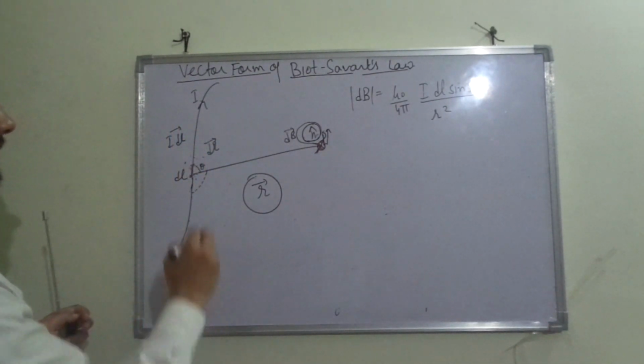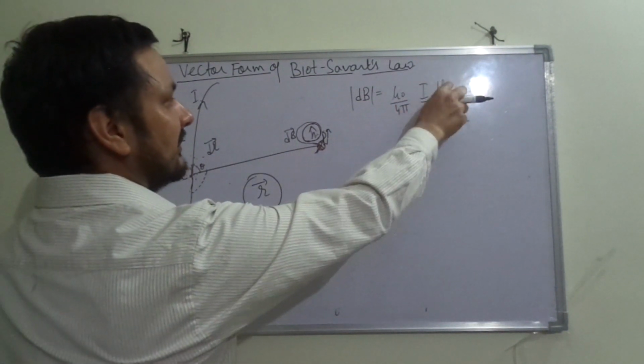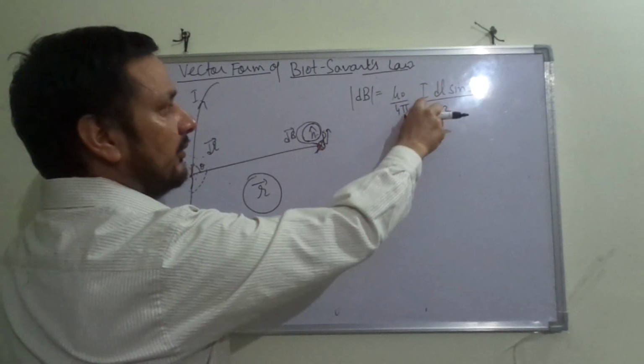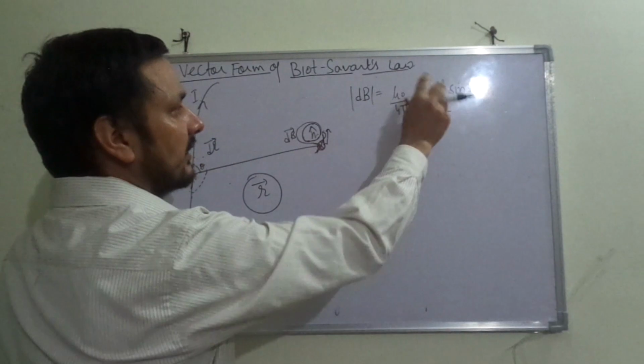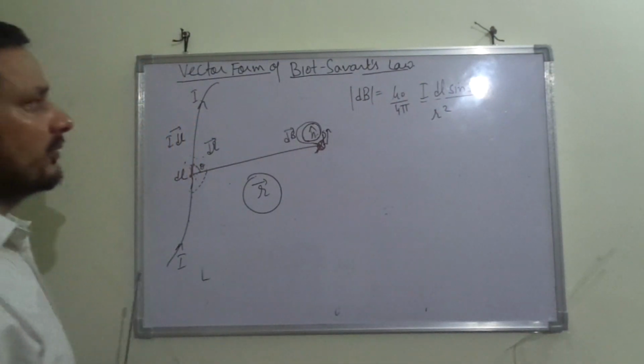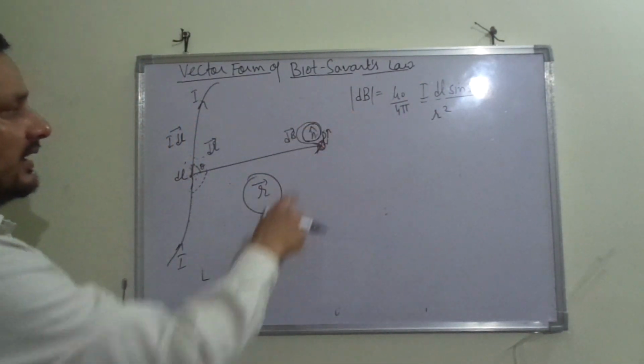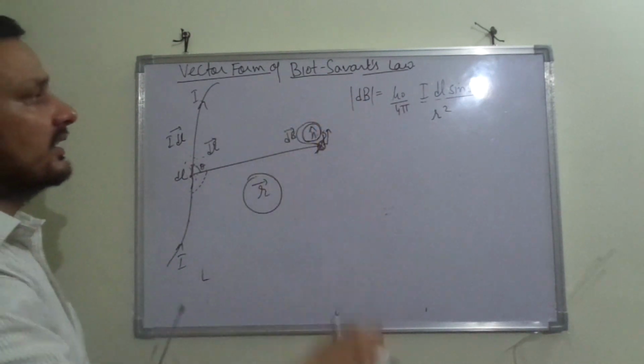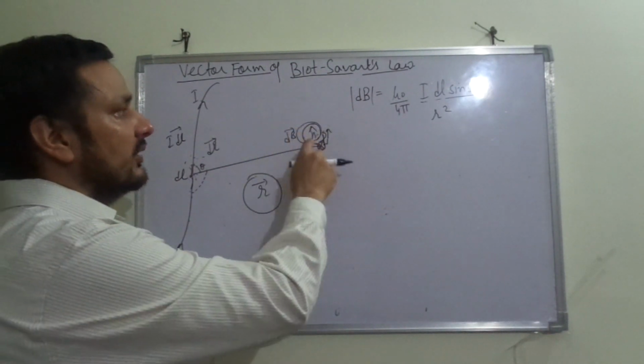So you have here, this is also a vector, though it is a scalar form. This I dl quantity is a vector also, and you have one more vector, that is your dB, and a unit vector which is producing it, that is your n, unit vector.